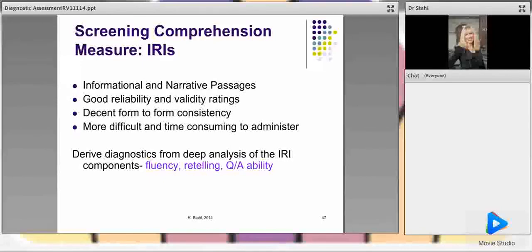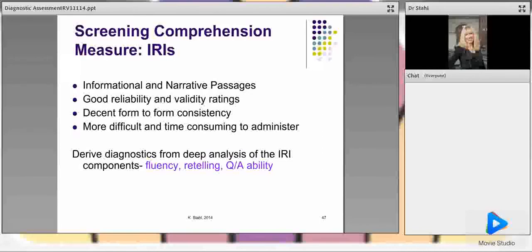We need an analysis of story grammar units, and these are only provided in your high-quality, long-term, informal reading inventories that have a good history with good reliability and validity. Things such as the QRI, instruments such as the Johns Reading Inventory. The QRI by Leslie and Caldwell is really your gold standard for that, but it does take time to administer.